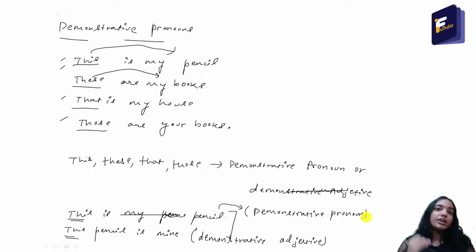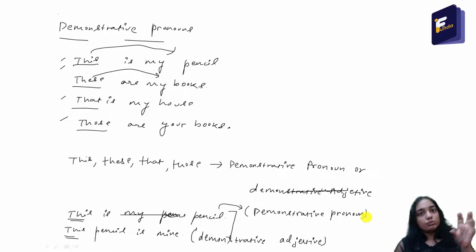So this is a trick to know quickly in which sentence these words are used as demonstrative pronouns, and in which sentence they are used as demonstrative adjectives. Now you know the definition of pronoun, the definition of adjective, the distinction between demonstrative pronoun and demonstrative adjective, and the trick to find out which is which.